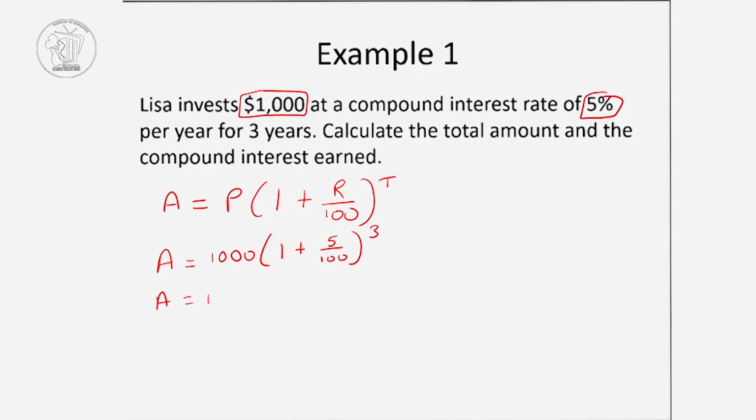So the amount will be 1,000 multiplied by, now 5 divided by 100 gives me 0.05.